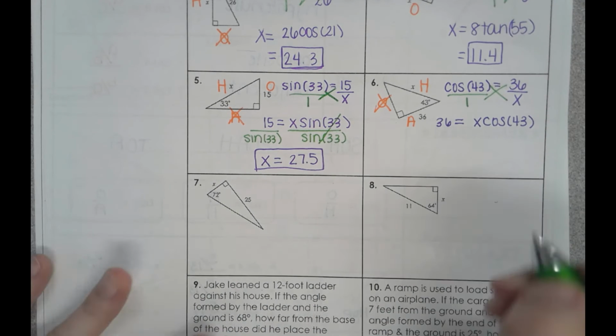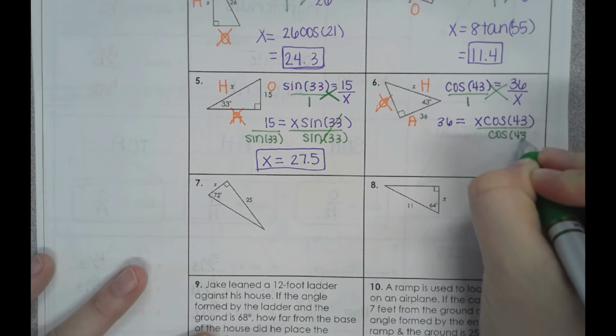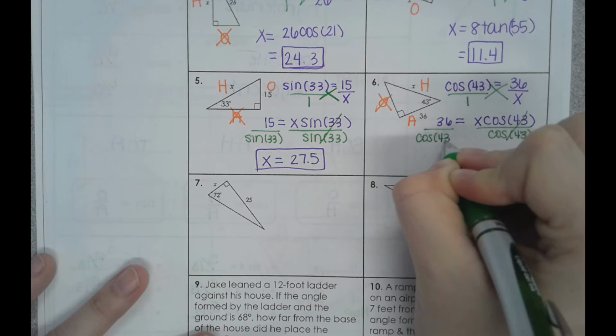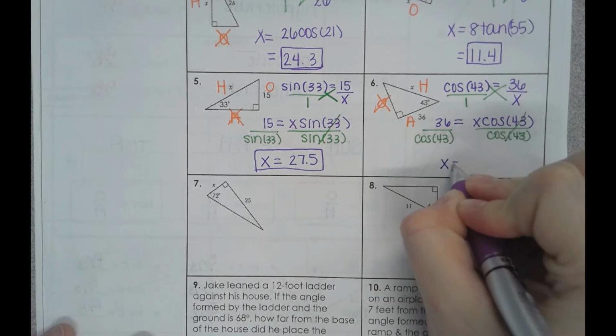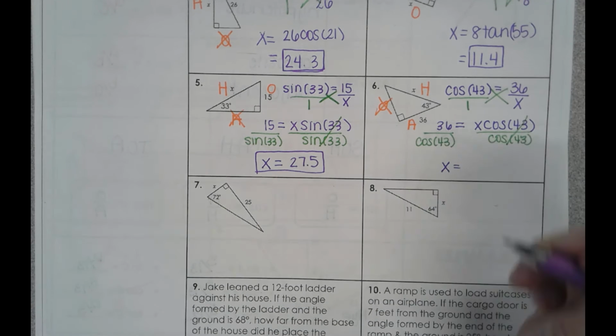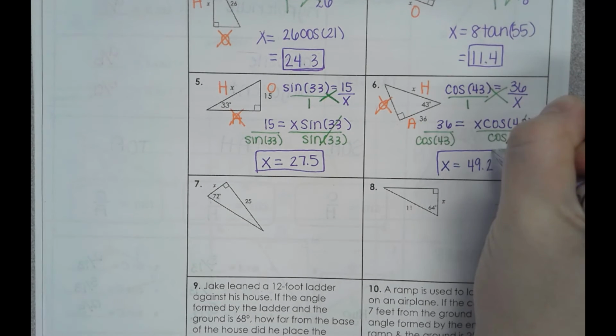And then we divide both sides by cosine of 43. And we get 49.2.